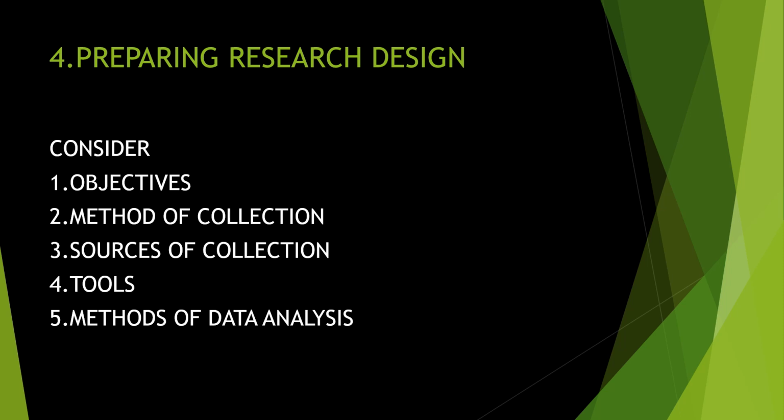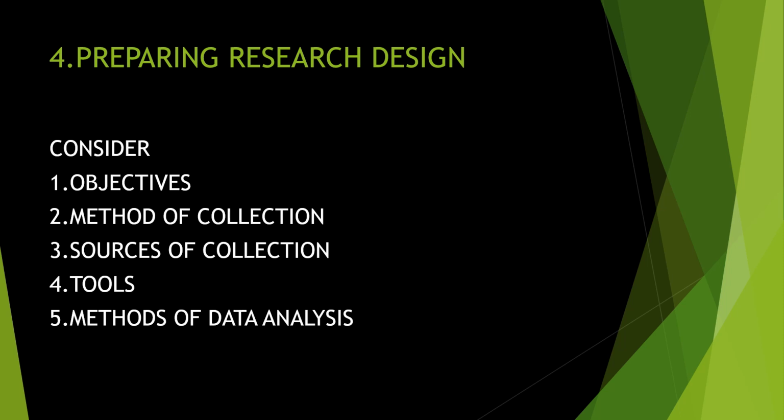So you are formulating something here, designing, considering the objectives. You have to consider the method, how we have to collect the data, the sources of collection, whether it has to be collected directly from some officers or indirectly from the people. You have to find the sources. Tools: what are the tools? Interviews, rating scale, like that, which kind of tools you have to use.